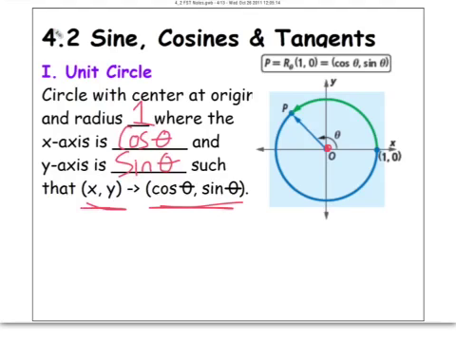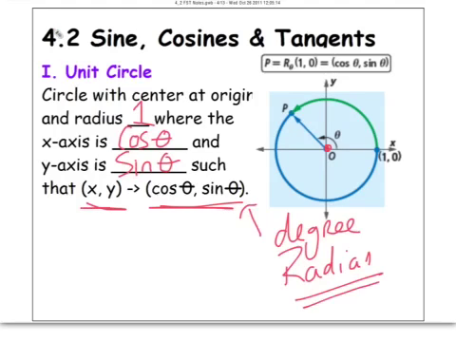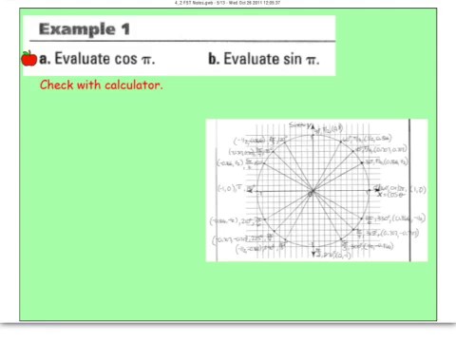Again, make sure you're in either degree mode or radian mode for this angle movement. You have to be very cautious on your calculator which mode you're in when you do that. Now let me show you how you would do this without a calculator and with a calculator.